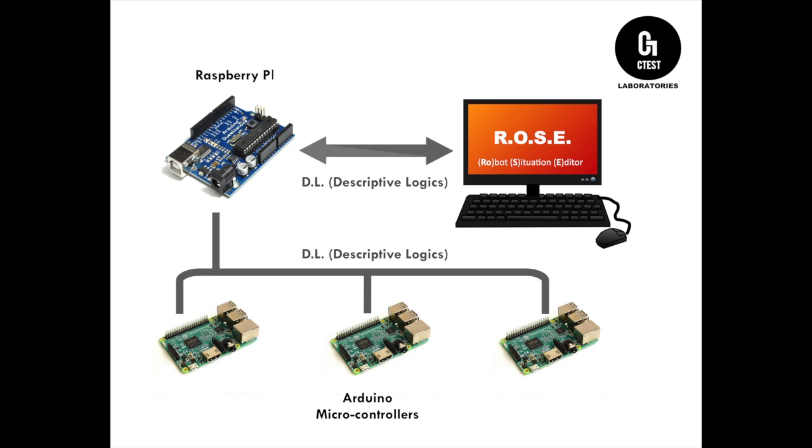So there's descriptive logic communication between ROSE and the Raspberry Pi, and between the Raspberry Pi and the Arduinos back and forth. That's also descriptive logics.